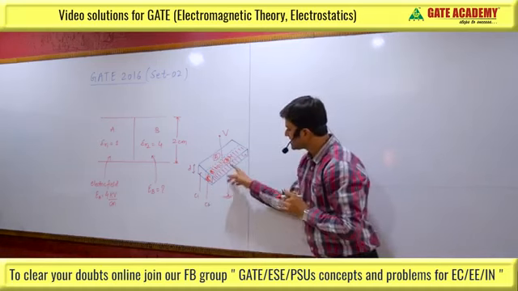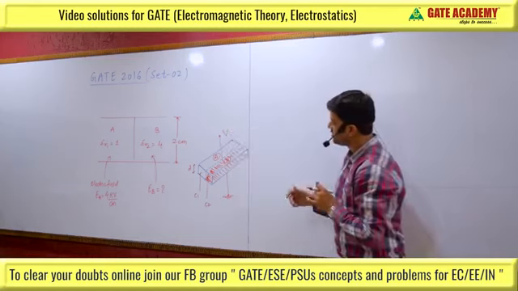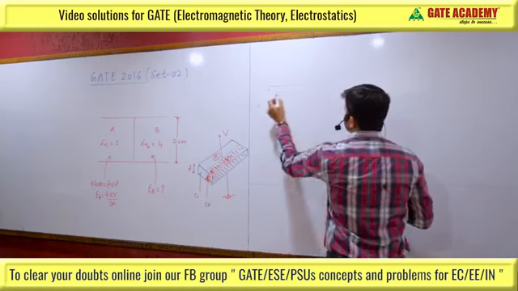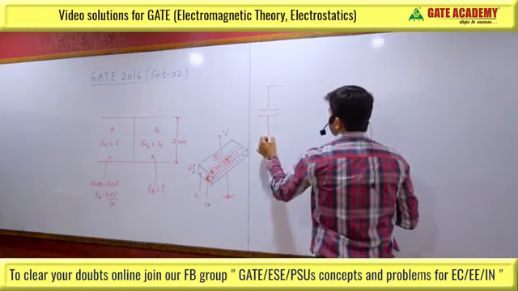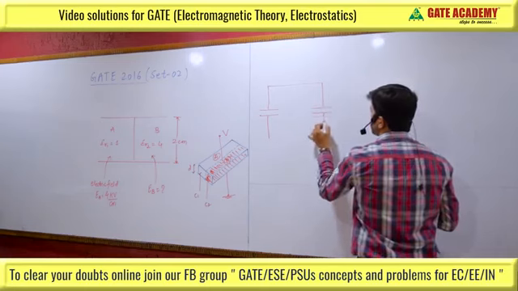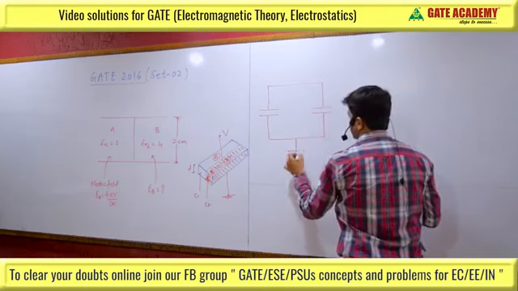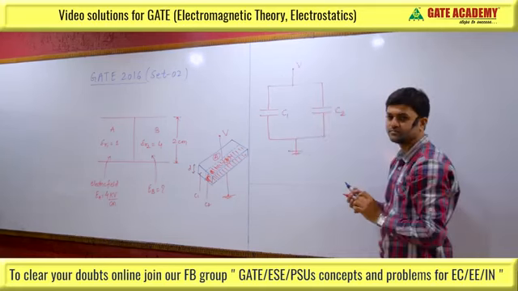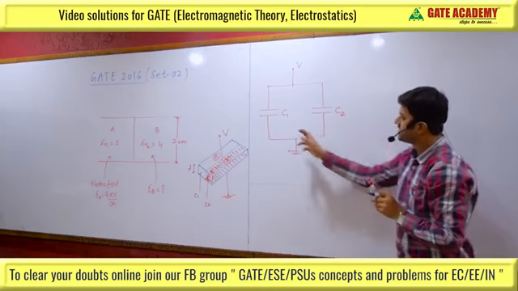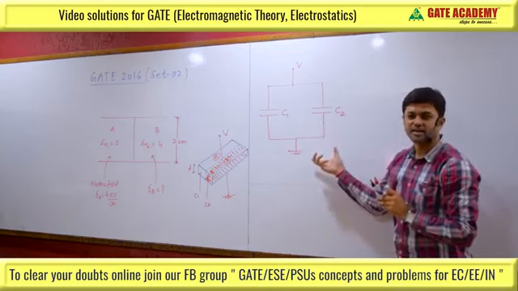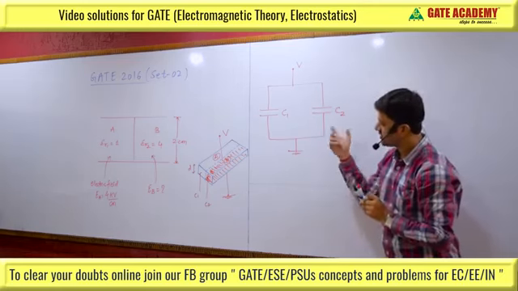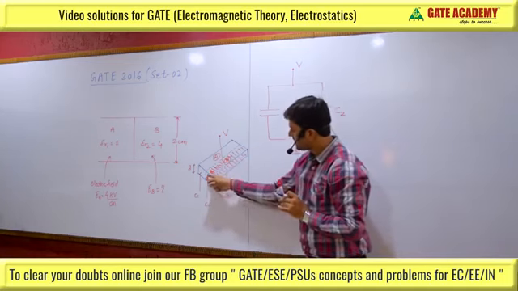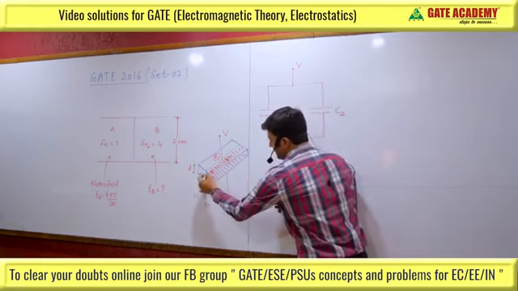So we can see that the voltage is constant. The voltage is constant in a shunt circuit, so we can say that this is a shunt arrangement of capacitors. Here the two capacitances are connected in parallel or in shunt, because the potential is the same.